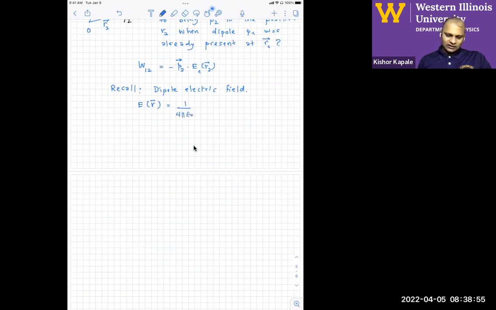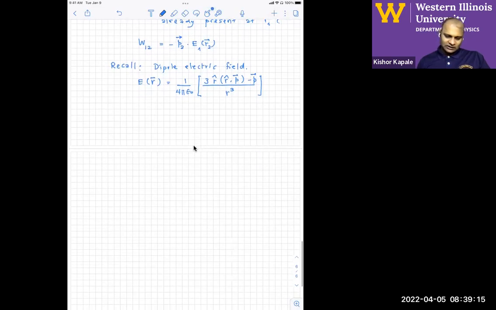That just stays as it is. And then in one of the earlier classes, we actually evaluated this gradient of the dipole scalar field, and we know that it looks like this over R cubed.